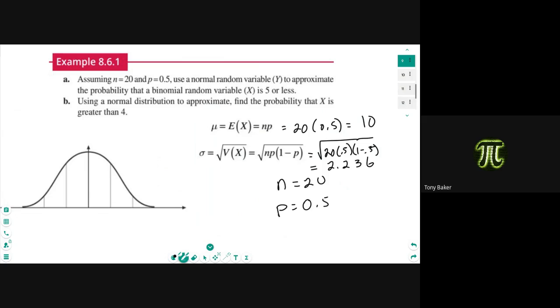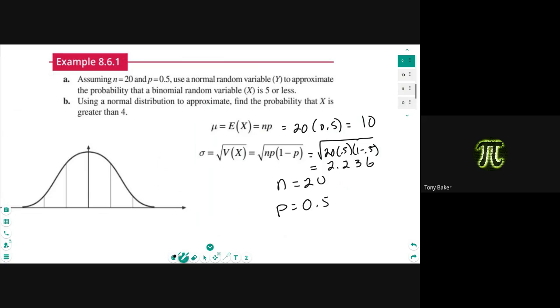Okay. So in this problem, when we're looking at binomials, are they discrete or continuous? When we're looking at the distributions, they're discrete, and this graph is continuous. Okay.